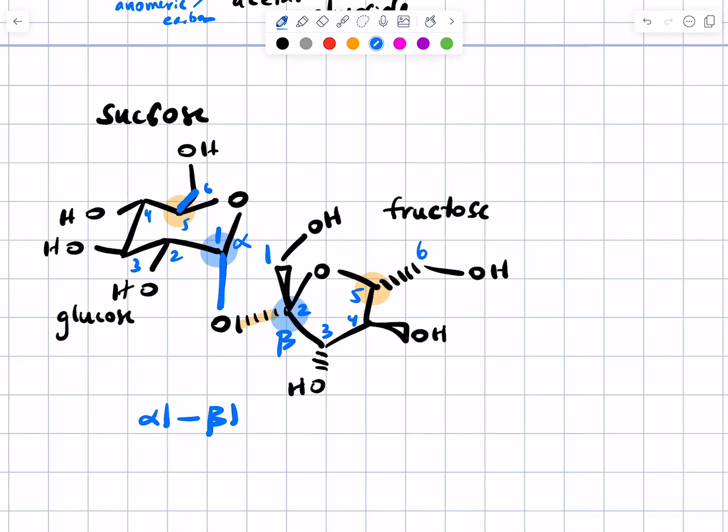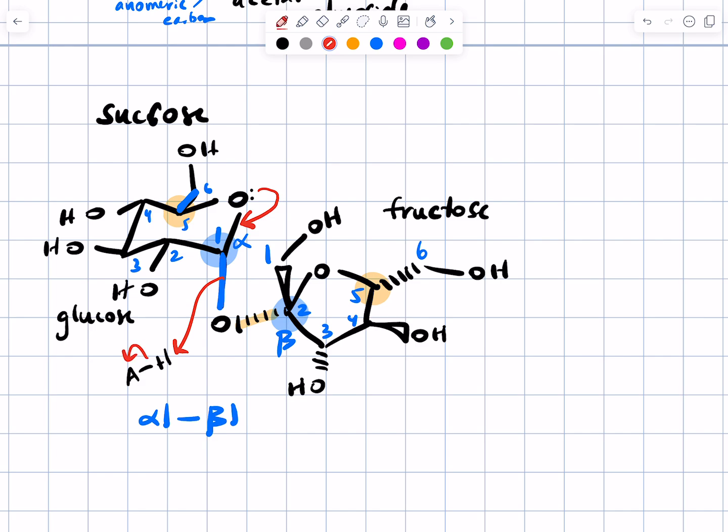This is table sugar. And when you heat it up, it likely goes back to its component sugars by a similar sort of reaction that we saw earlier, where this oxygen will be a kicker-offer and kick off fructose as a leaving group, and it will probably get protonated as it leaves.